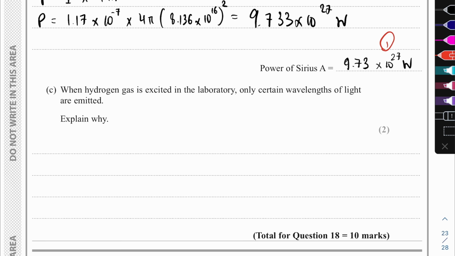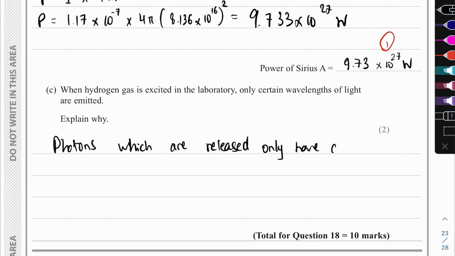When hydrogen gas is excited in the laboratory, only certain wavelengths of light are emitted. Explain why. This is very standard. All we have to say is that photons which are released only have certain energy levels.